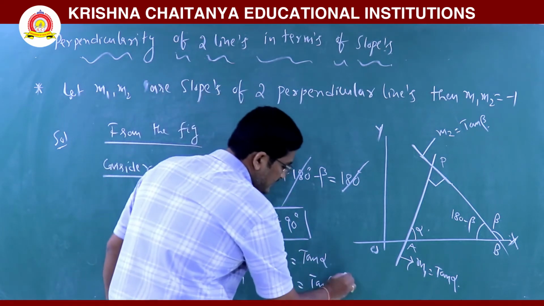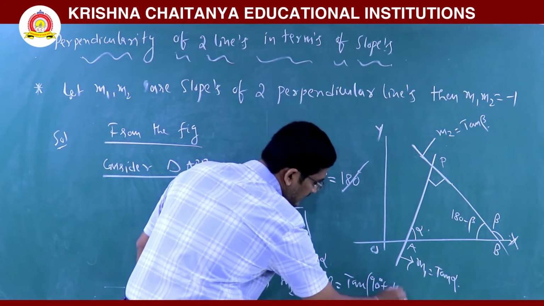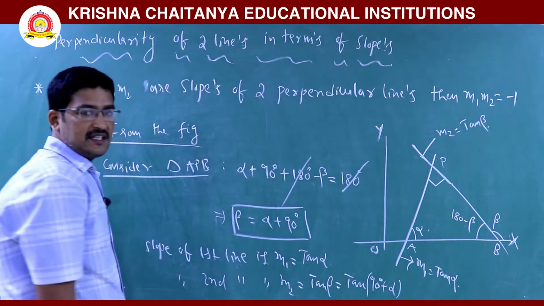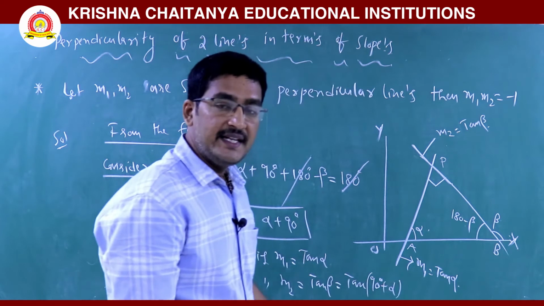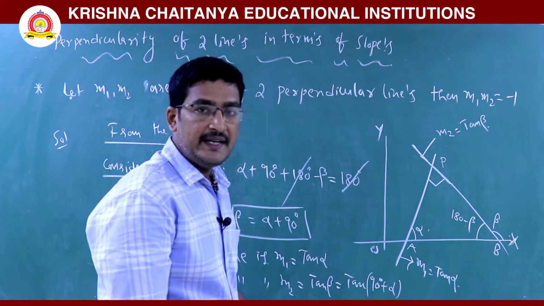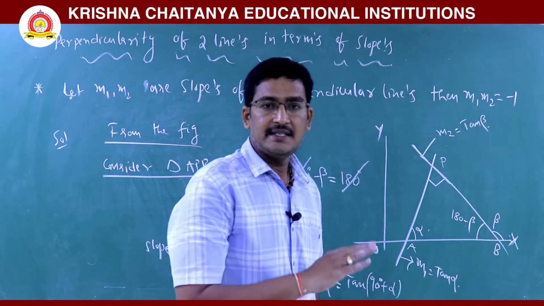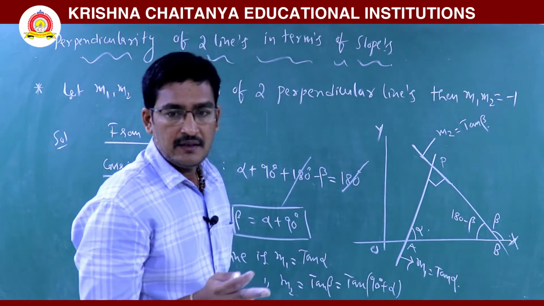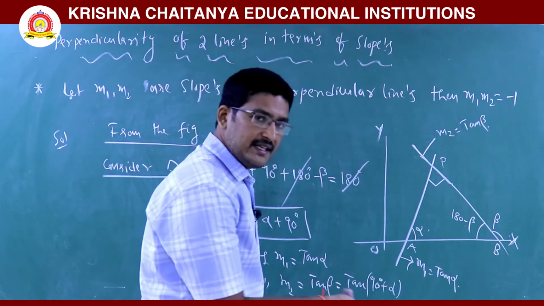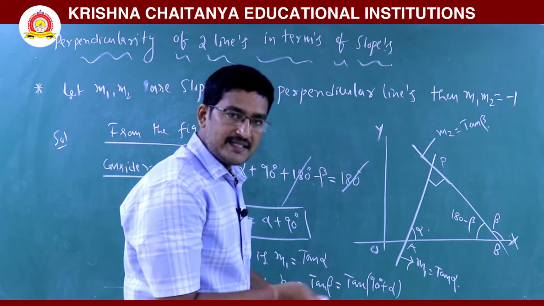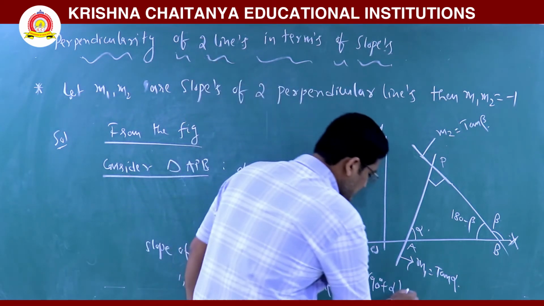Alpha plus 90, so that is tan of 90 plus alpha. In trigonometry, what is tan of 90 plus alpha? It is minus cot alpha. With 90 plus, tan becomes cot. 90 plus is in the second quadrant, where tan is negative. So it becomes cot with the negative sign, minus cot alpha.